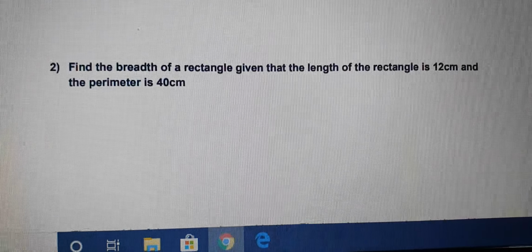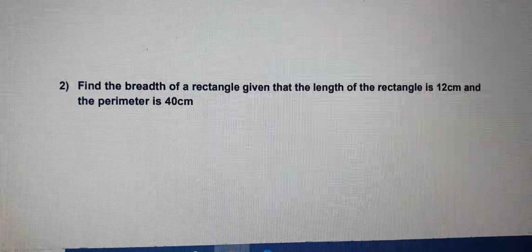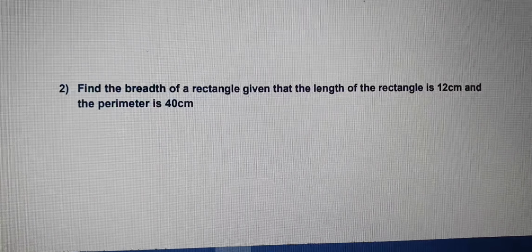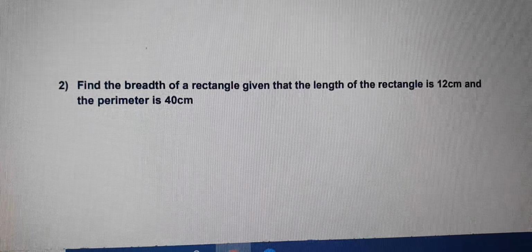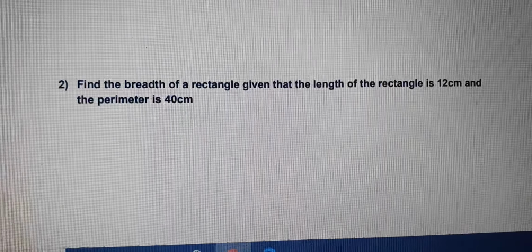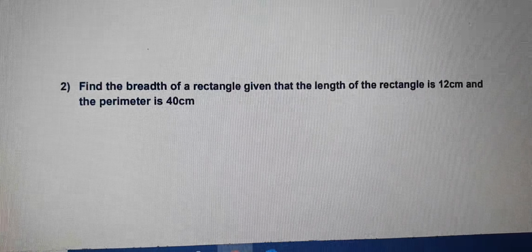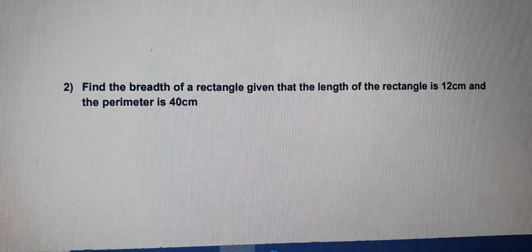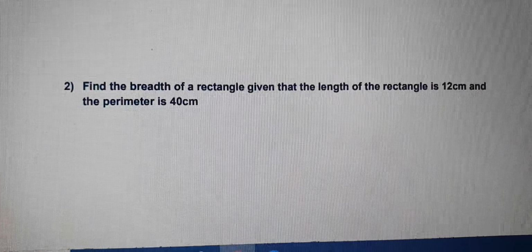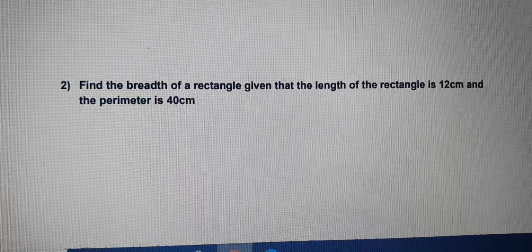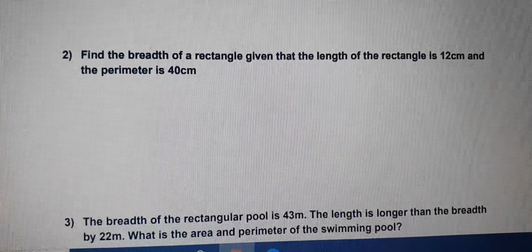And they have given us the perimeter. So 40 equals 12 into 2 plus 2 into breadth. Now how are we going to find the breadth? We are simply going to subtract 40 minus 2 into 12, that is 24. 40 minus 24 divided by 2, that is our width.